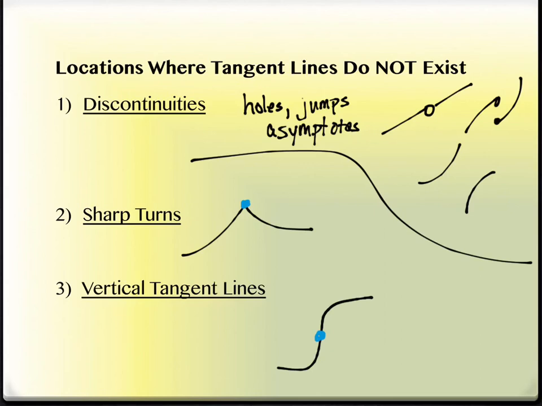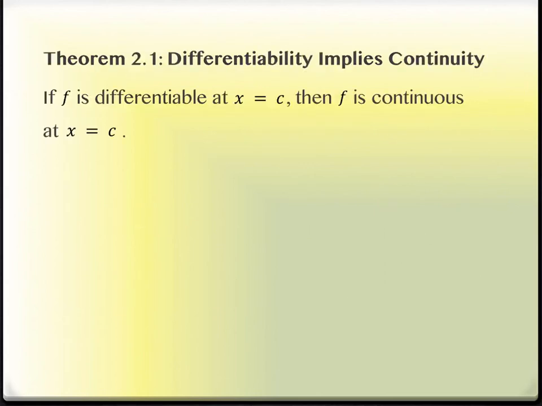But they still had places where the derivatives didn't exist. However, if you know that the function is differentiable, you also know that it is continuous. So continuity is a necessary condition for differentiability, but it's not a sufficient condition. It's not enough. But if it's differentiable, you do have continuity.